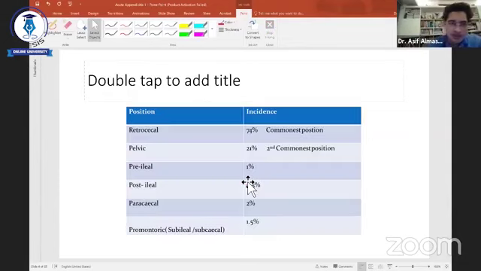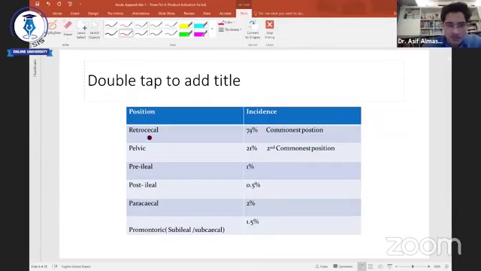As you can see, the retrocecal appendix is the commonest at 74%, and the pelvic is the second commonest position, and then the others come. Now, the appendix is roughly 6 to 10 centimeters, with an average of 11 centimeters.